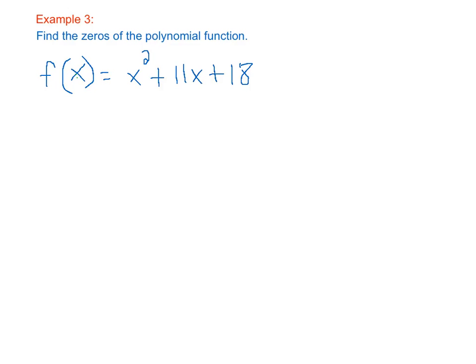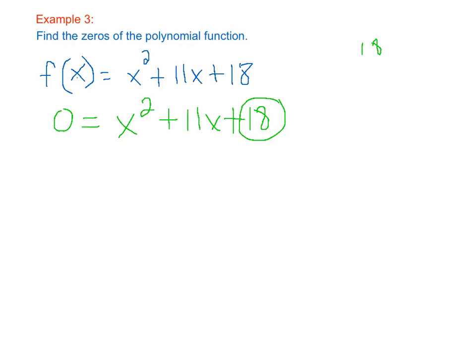Alright, so we want to find the zeros of this polynomial function, which means we want f of x to be 0, so I'm just going to write f of x is 0 there, and now this particular problem looks like one of the ones we just did. So we're going to start looking at 18 here and list all the factors you can put together to multiply and get 18.